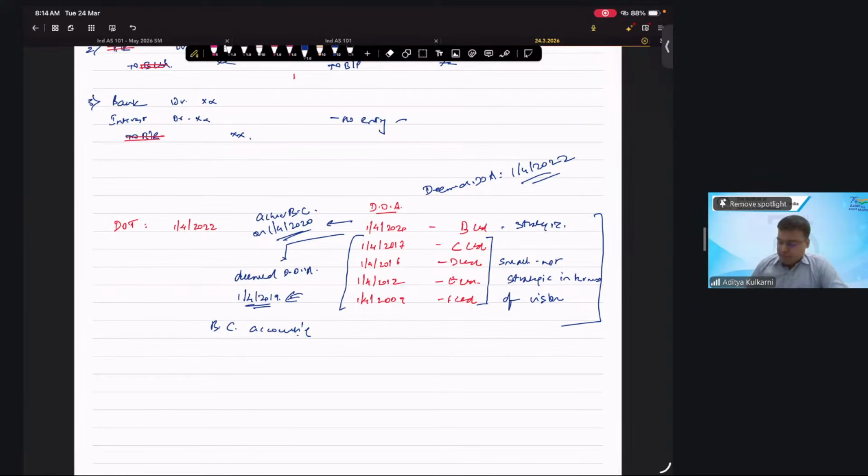See, if this provision is not there, I would have to do business combination accounting for F Limited from 1st April 2009. Yes or no? Yes, sir. So on 1st April 2009, I would calculate fair value of net assets, calculate fair value of consideration, do the net assets working, and calculate the goodwill. This would be the first thing that I would do.